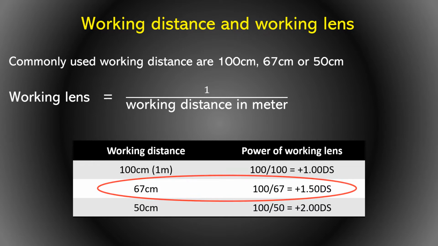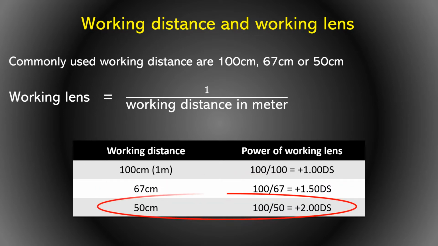For 50 centimeter it would be plus 2 diopter. For now you just understand what working distance and working lens are, and the value of the working lens for different working distances. Its implication I will tell you during the procedure, that is why we are studying this.